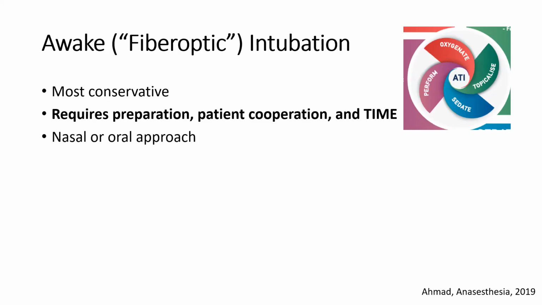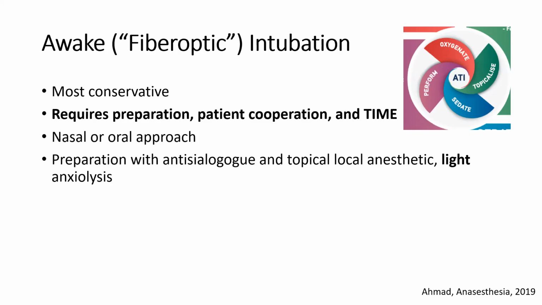This can be done nasally or orally. So what we do to prepare the patient is we give an anti-sialagogue to help dry up secretions. We use topical local anesthetics, so nebulized lidocaine, often lidocaine jelly, and some light anxiolysis to help them tolerate having all these things in their mouth.